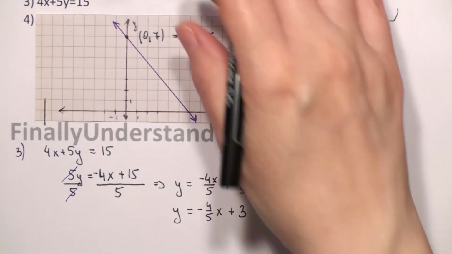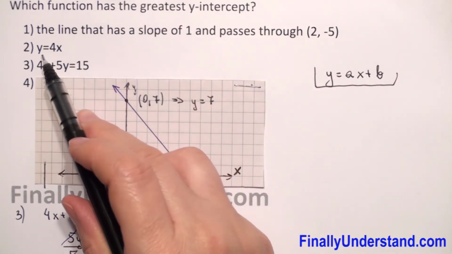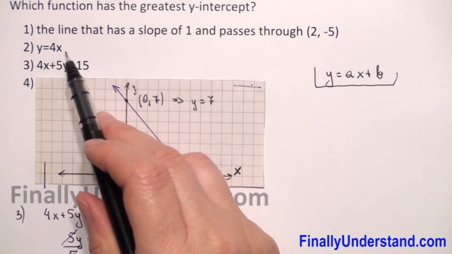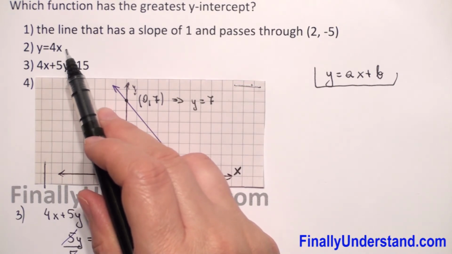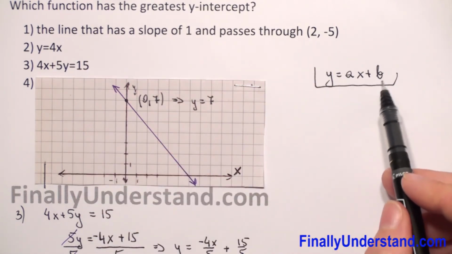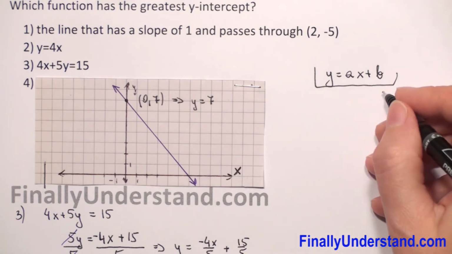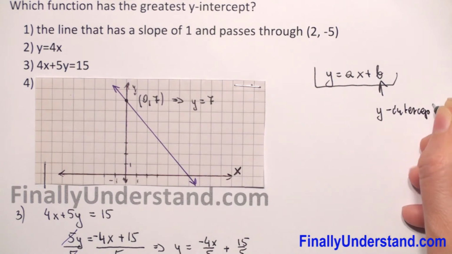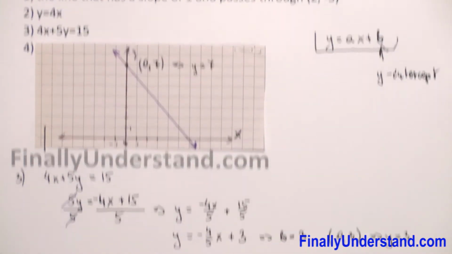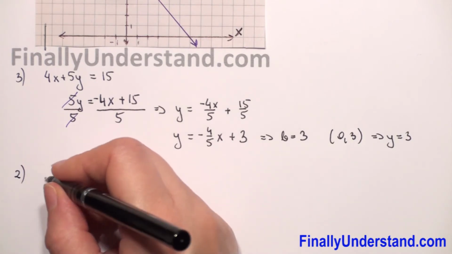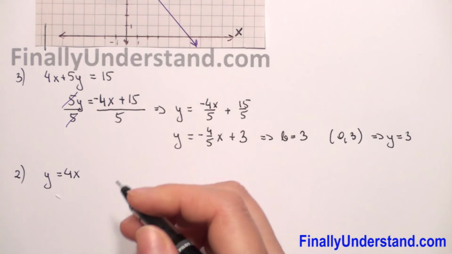And next, this is the second function. We have been given y is equal to 4x. After 4x, we don't have anything. It means that b is equal to 0, because this is the general form, and from this form, b is the y-intercept. Let me write our function from the second statement, y is equal to 4x.